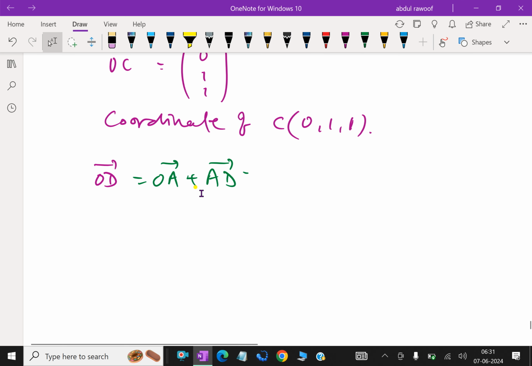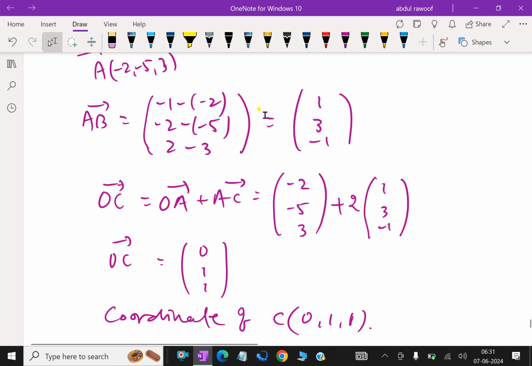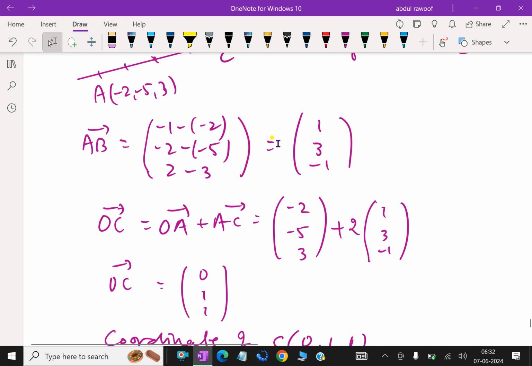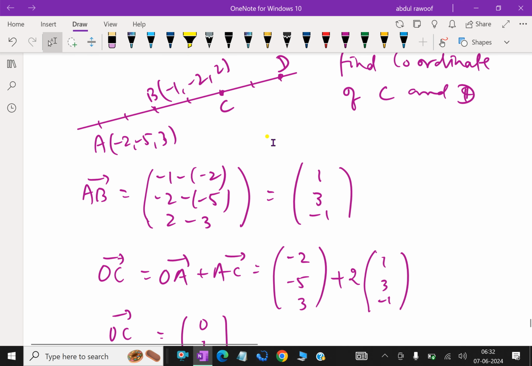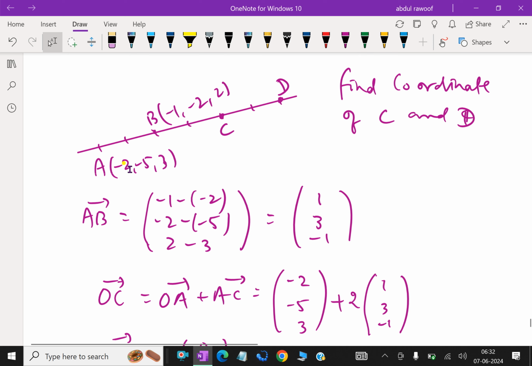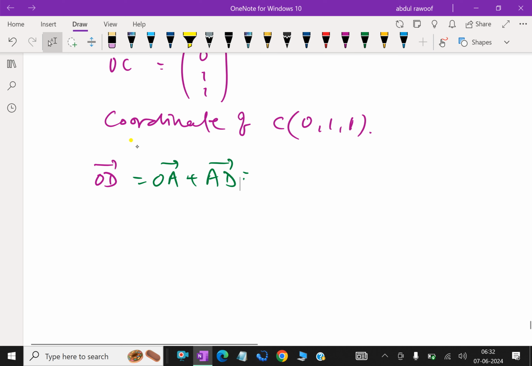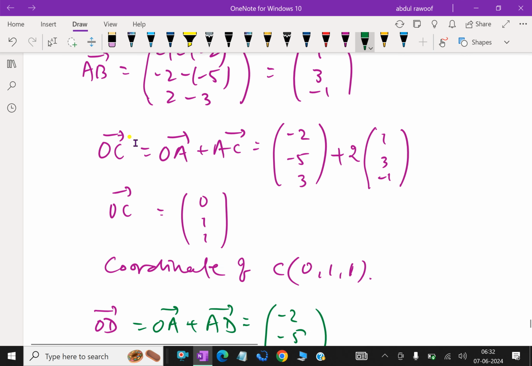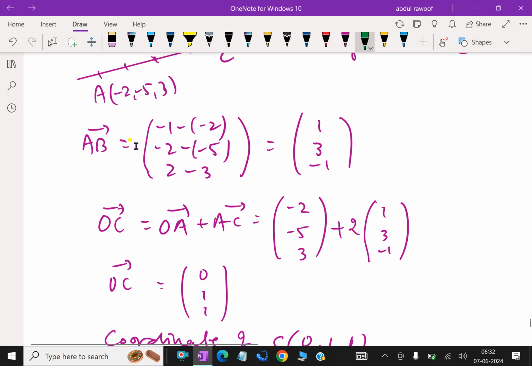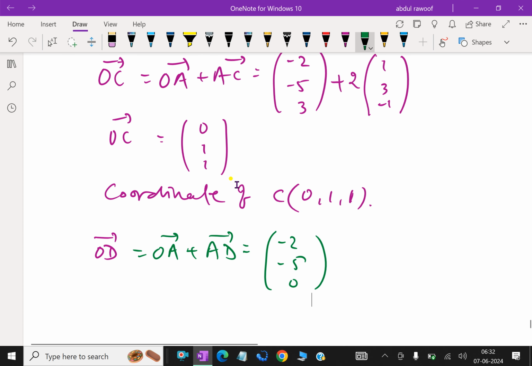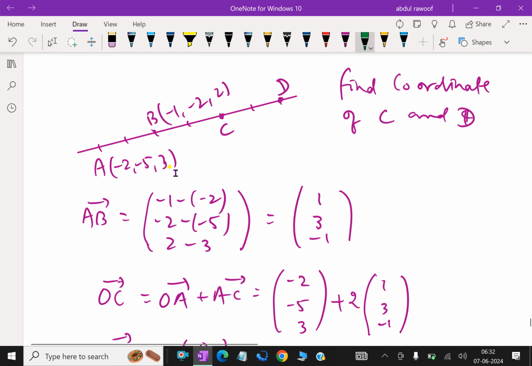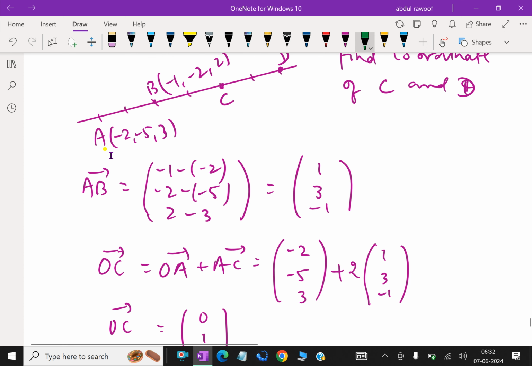Here, OA we have already: vector OA is minus 2, minus 5, 0, since point A is given this one. So from this we found vector OA.